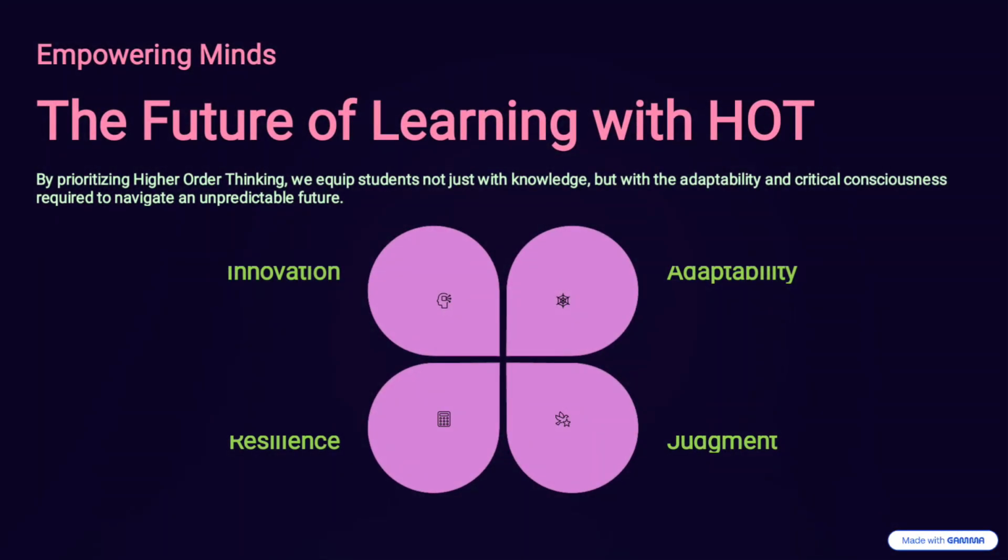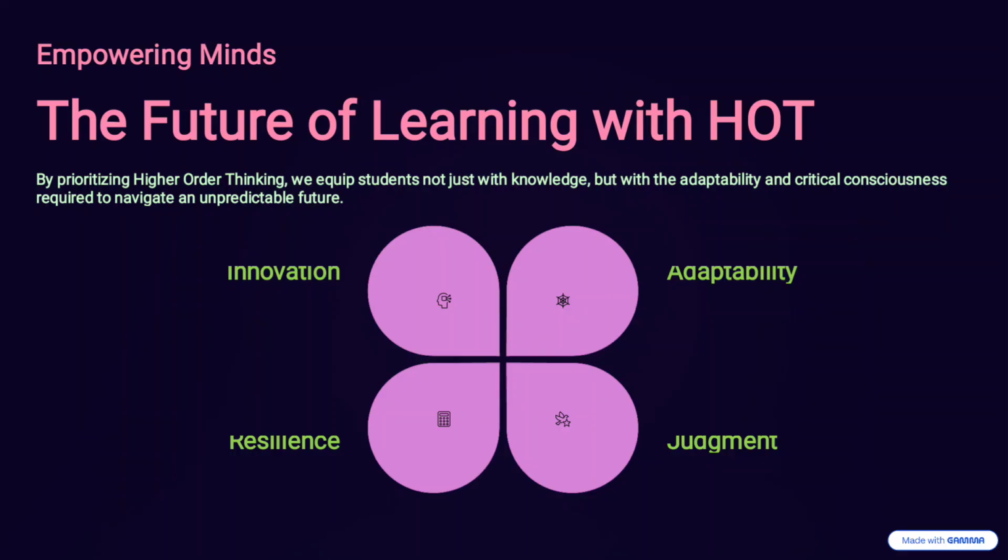Empowering minds, the future of learning with higher order thinking. By prioritizing higher order thinking, we equip students not just with knowledge but with the adaptability and critical consciousness required to navigate an unpredictable future.